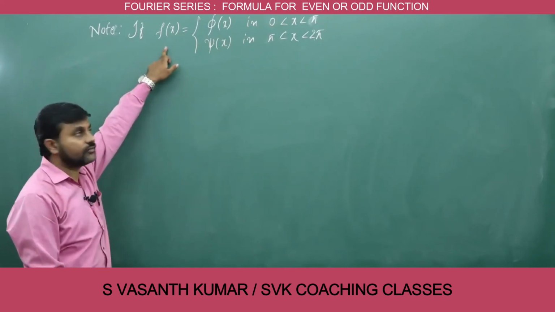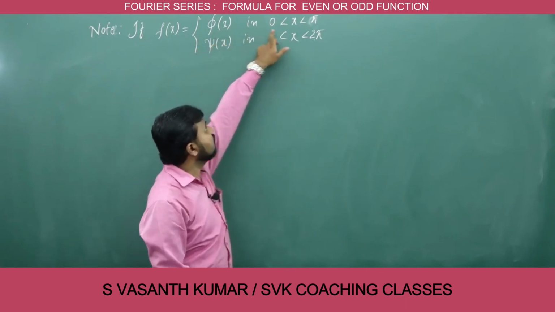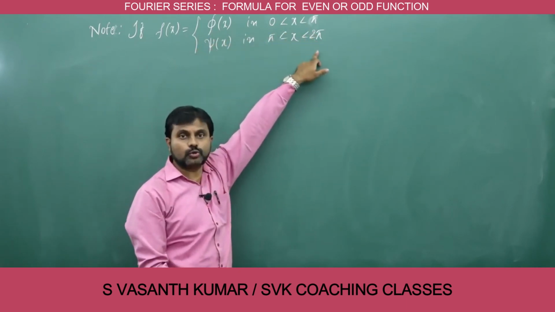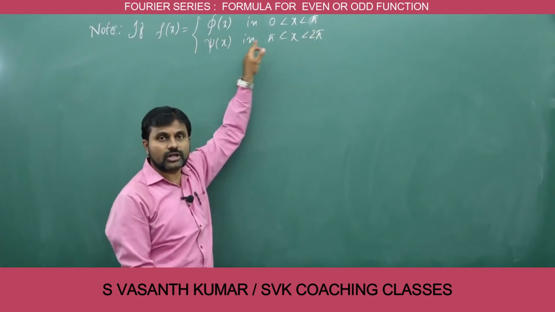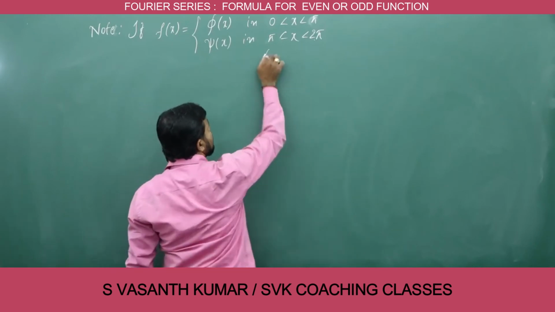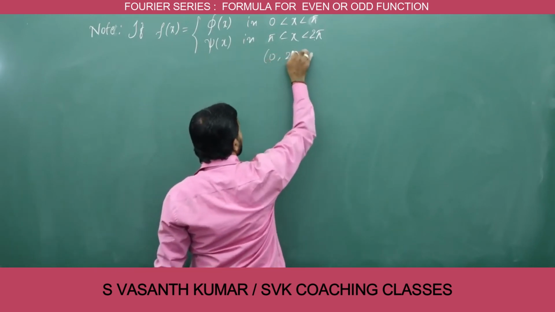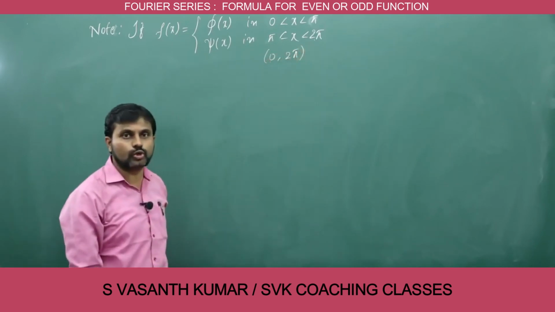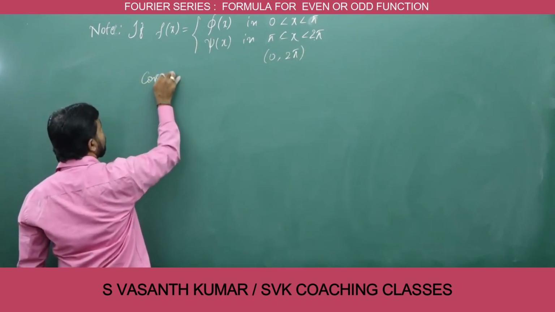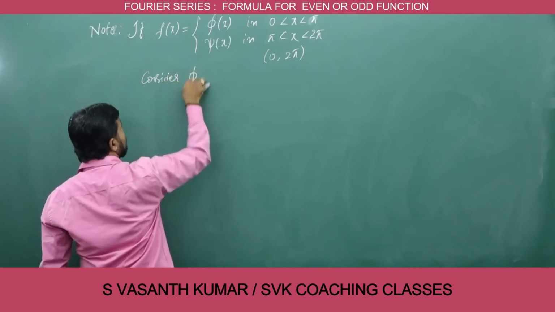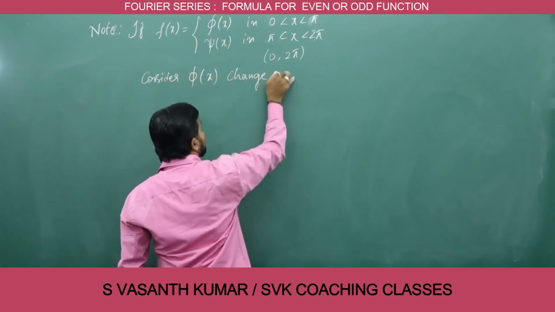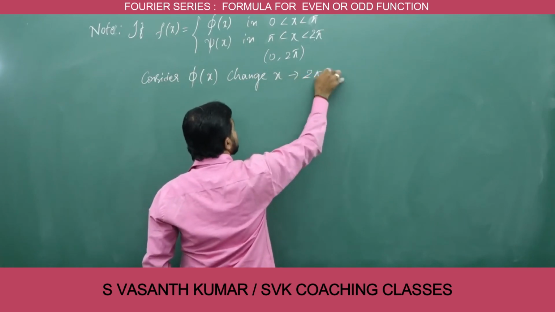If the function f of x is defined as phi of x in the interval 0 to pi and psi of x in the interval pi to 2 pi, then how to find out whether this function is even or odd? Again here the given interval is 0 to 2 pi, right? So consider the function phi of x, then change x to 2 pi minus x.